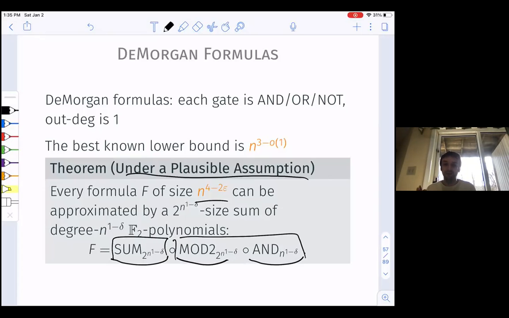All right, so first of all, this theorem currently only holds under some conjecture, but we believe that this conjecture is kind of plausible. And second, in order to get actual De Morgan formula lower bounds, we need functions that cannot be computed by such depth-3 circuits. We know that a random function cannot be computed by such a beast, and we have some partial derandomization results.